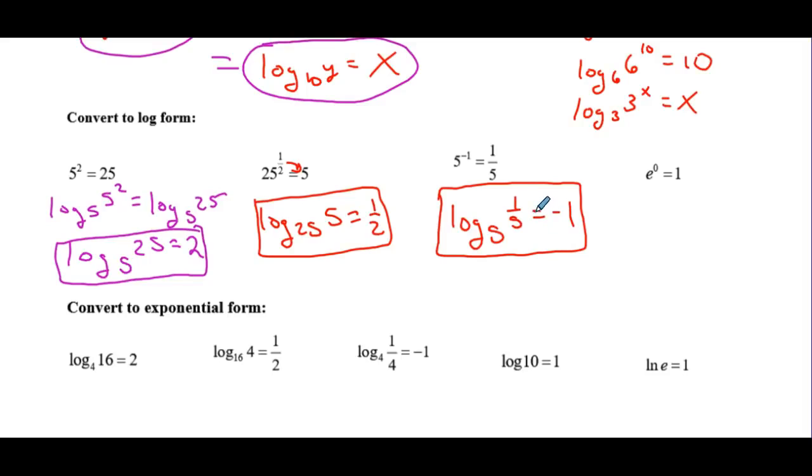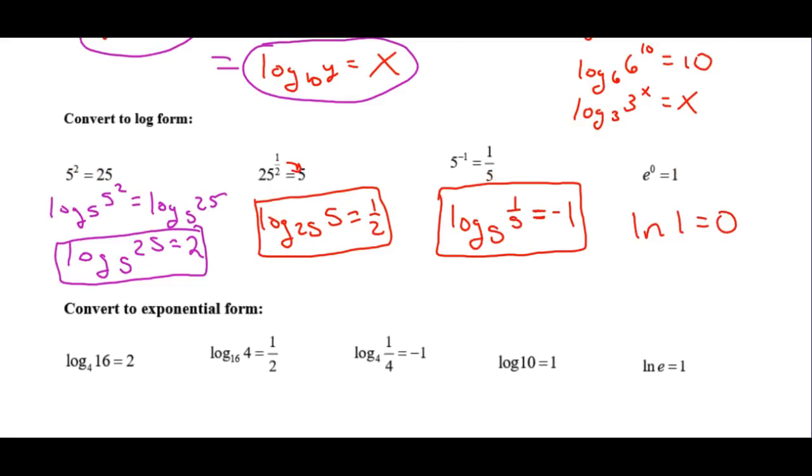But the answer to a log question, the other side of the equal sign, is okay to be negative, because essentially that's an exponent, and we can have negative exponents. So try this one, see if you can rewrite that one. Pause the video, give it a try.